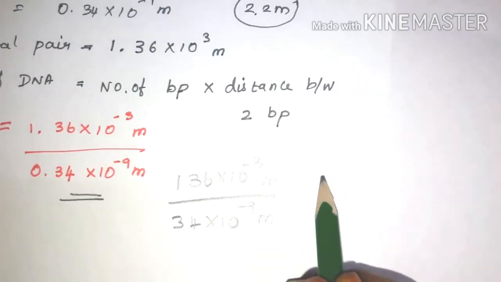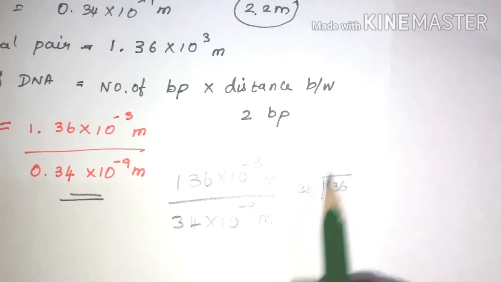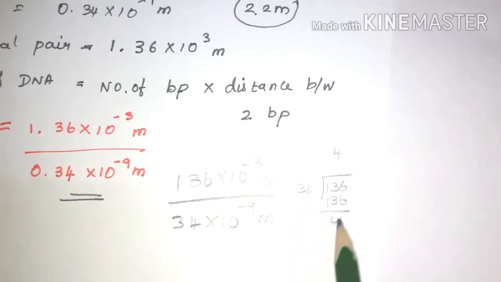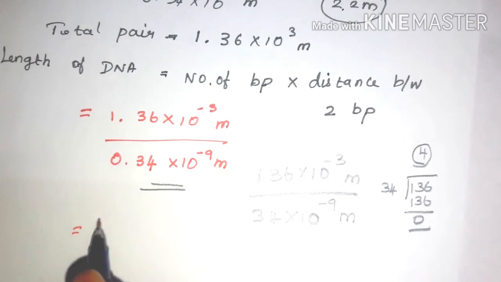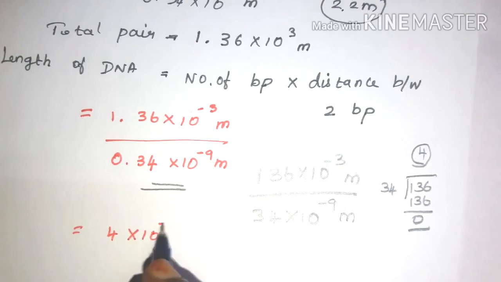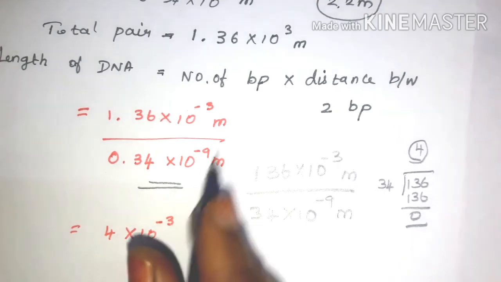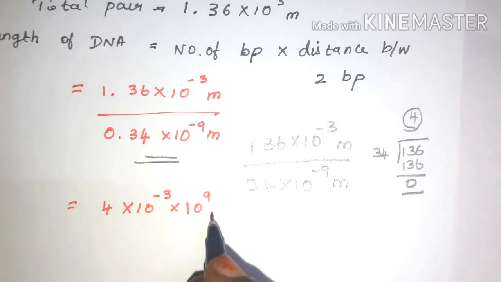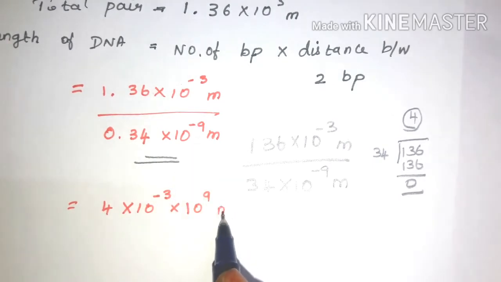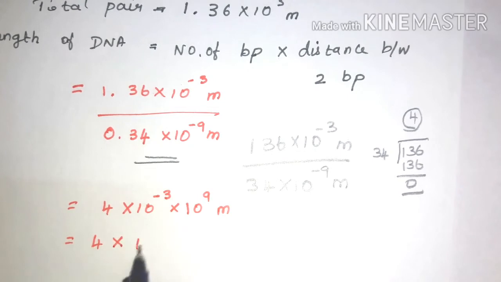If we divide this, we get 4. Now we can derive this as 4 into 10 to the power of -3, and for the division the minus will be plus: 4 into 10 to the power of -3 plus 9 meter, that is 4 into 10 to the power of 6 meter.